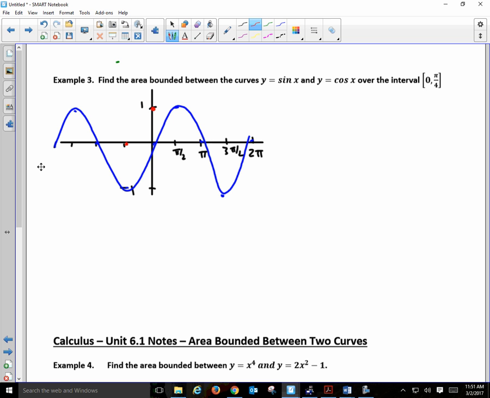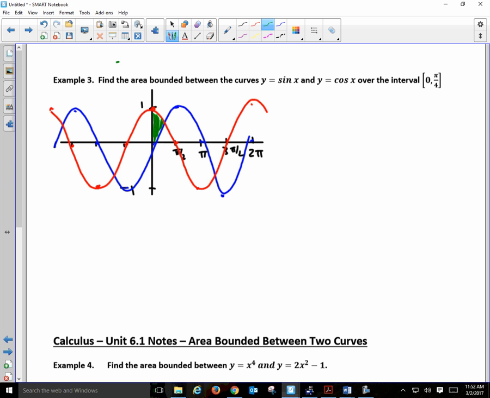Yeah, it starts at the top. So I'm going to guess that the region they're referring to in the problem is right here.